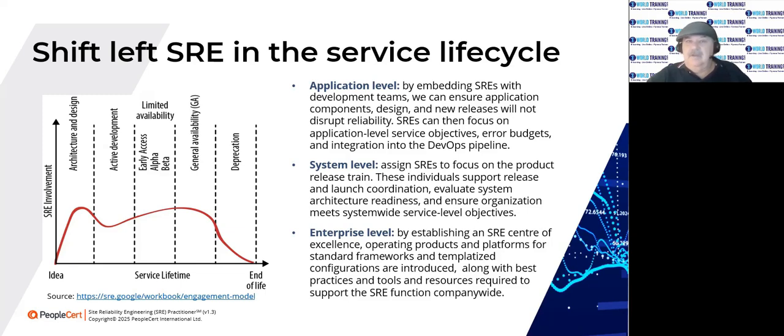SREs can then focus on application-level objectives, error budgets, and integration into DevOps pipelines. What you don't want is a situation where a product gets released without the capabilities you need built in, and all of a sudden you're having to backtrack and build those things in, observability, for example.